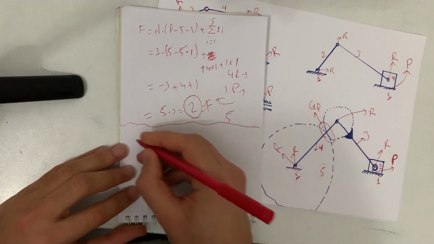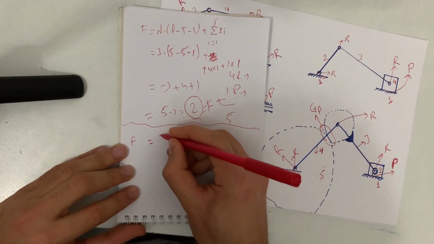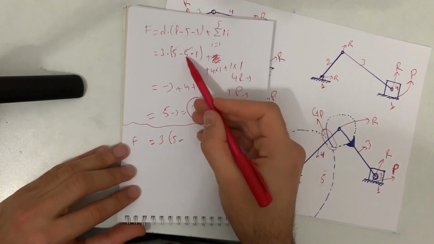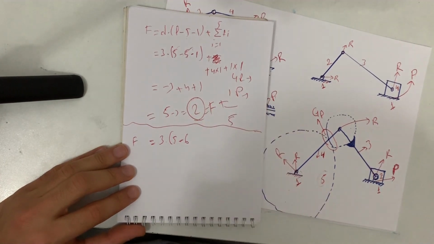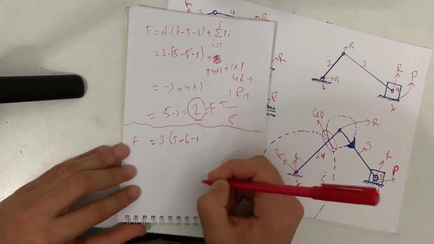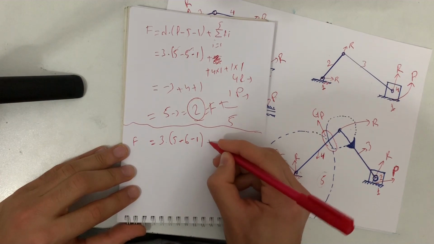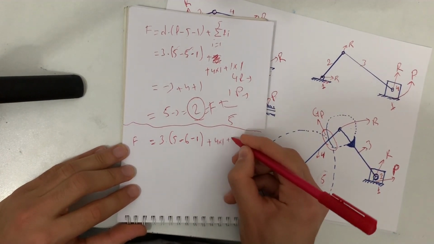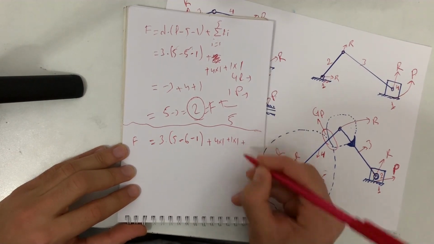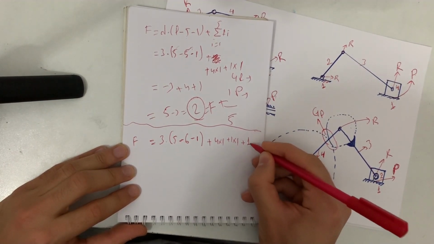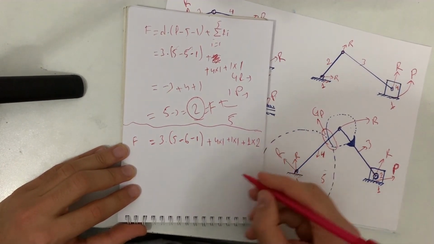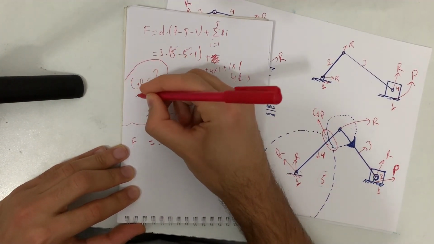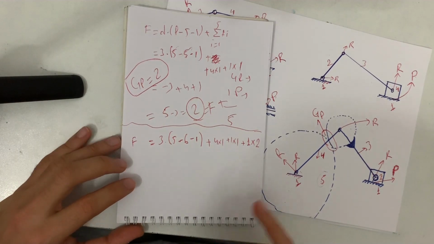So let's calculate it again. 3 times 5 minus, we got one more joint, so this is 6 minus 1, plus 4 times 1 for our R joints, 1 times 1 for the P joint, and 1 gear pair times 2. Don't forget it, we are going to use 2 for the gear pairs.